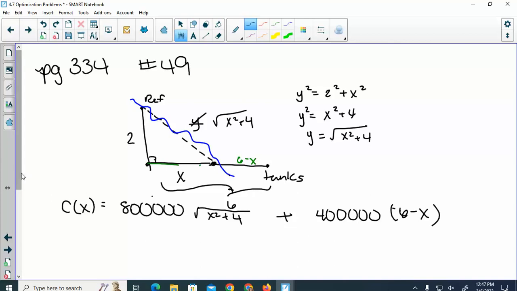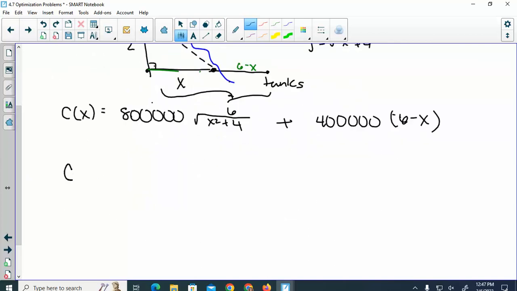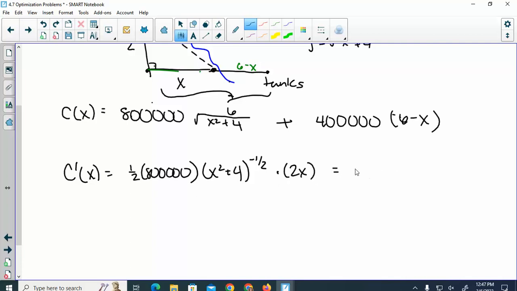Alright, so if I want to minimize this, what do we have to do? Derivative. So a square root is like a 1/2, so 1/2 times x squared plus 4 to the negative 1/2, times the derivative of the inside. And then this would be 400,000 times the derivative of 6 minus x, which is negative 1.